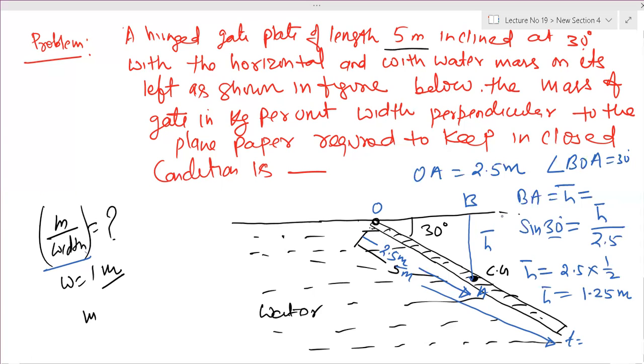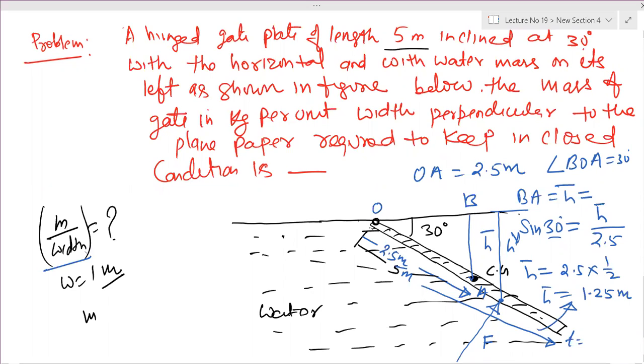H star will be below this, and the pressure force F will act perpendicular to the plate. This force will try to rotate the plate in this direction.